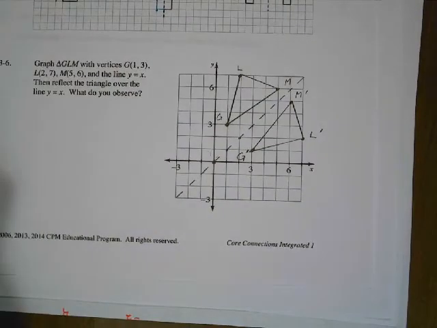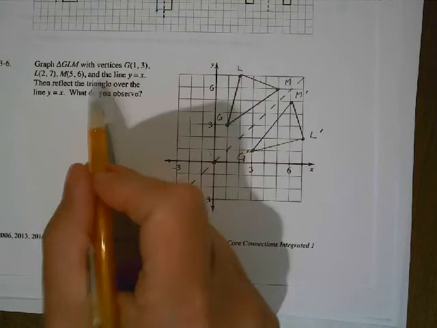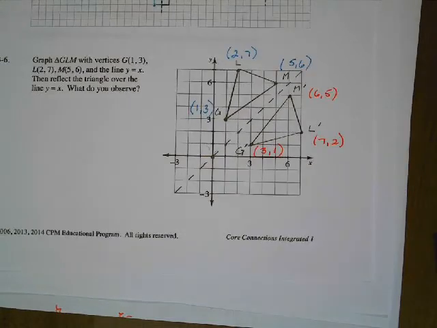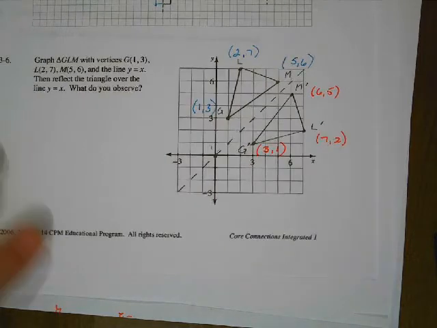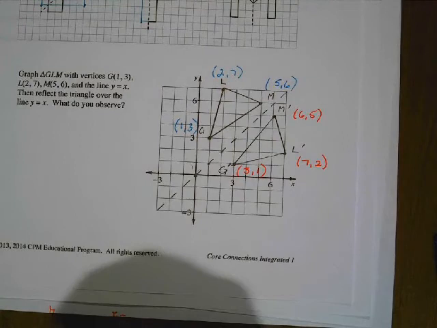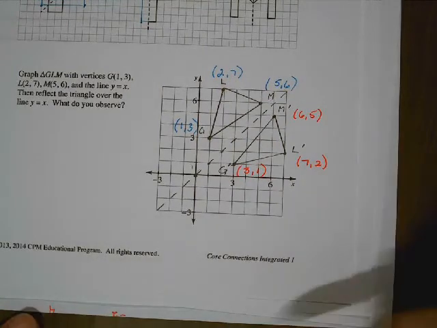So what they want you to do is really look at the actual coordinates of each of these points and compare them. So look really close, compare the coordinates to each other. I'm going to pause as you look at them. So to help you out, I've written down the coordinates in blue. That's the pre-image, the original one, and then the image is in red.